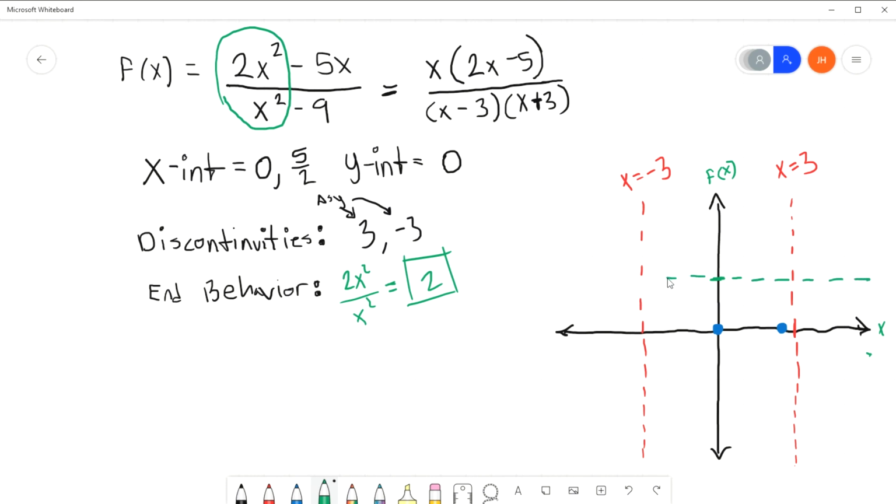Notice, by the way, that if your end behavior is a number like 2, or even if it's 0, that makes a horizontal asymptote. If your end behavior is something like in the last example, where it was x, it created a slanted asymptote. The end behavior was a slant.